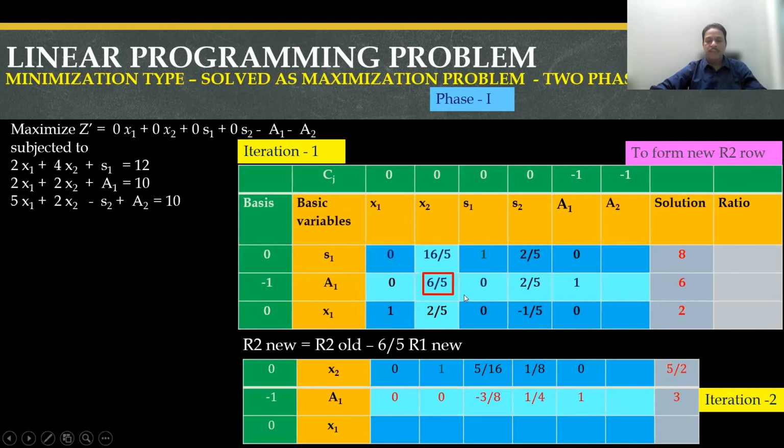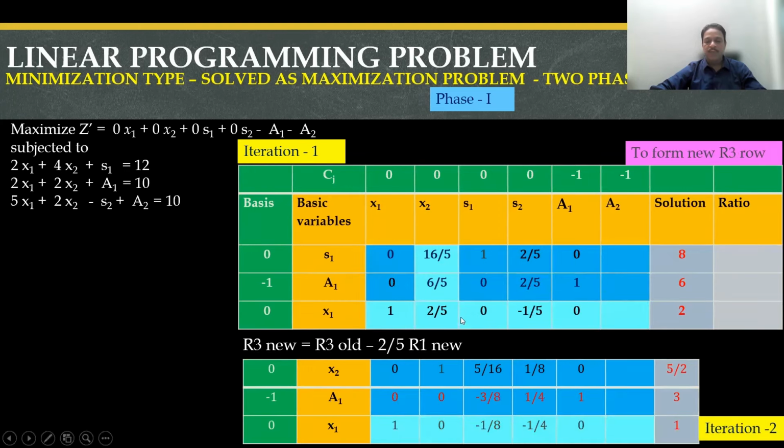Similarly, in the second row, the entry 6 by 5 is made 0 by using the row operation R2 new equals R2 old minus 6 by 5 R1 new.